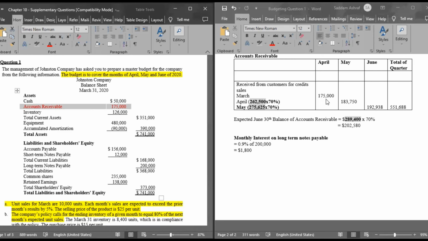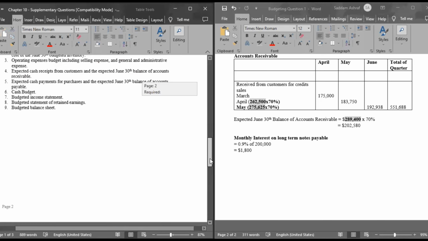As you can see on the right side, we have received 1,75,000 of March in April. But when we prepare the balance sheet for the next budget period, for the next quarter, the balance of 30th June will be placed. We have just calculated the balance of accounts receivable for 30th June, and it is 202,580. So this balance of June 30th will be placed in the balance sheet we will prepare at the end of this question.